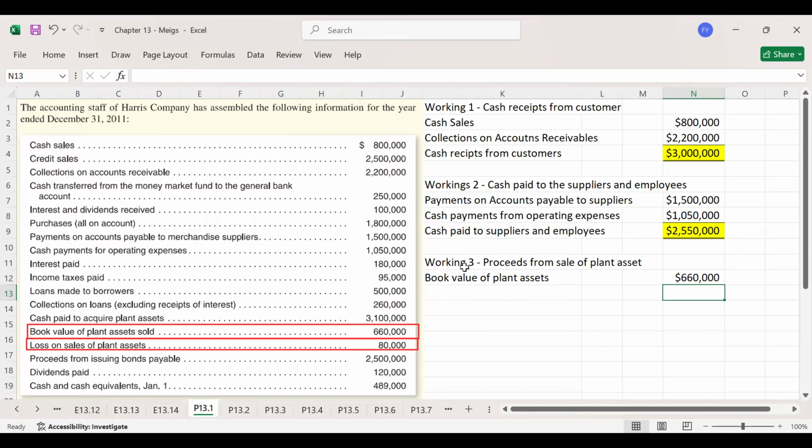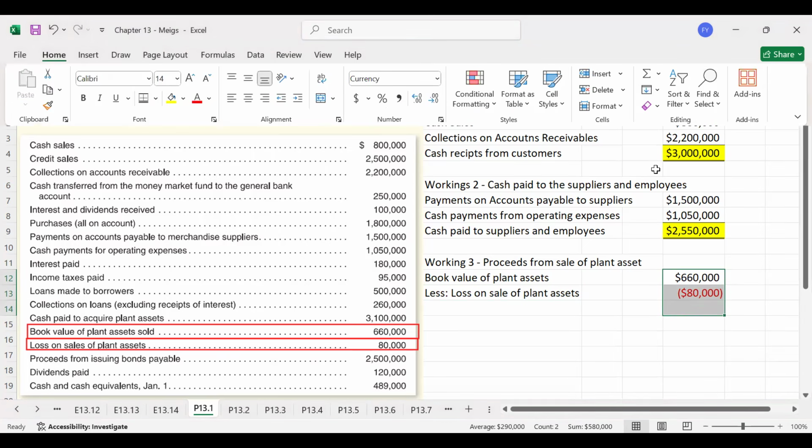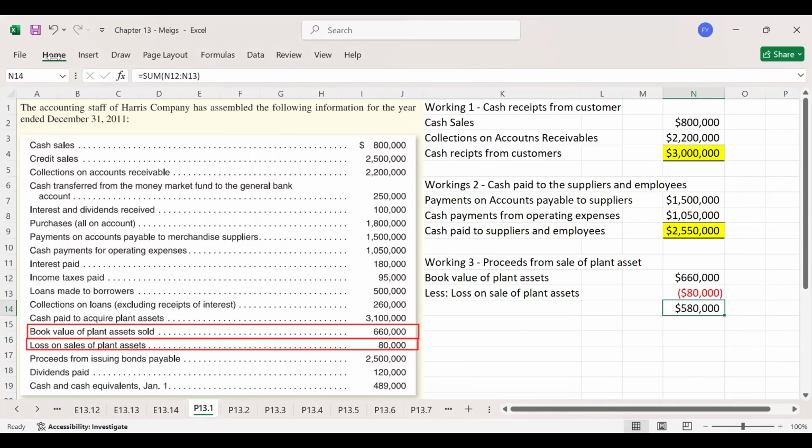Loss means the company sold this asset below its book value, so we deduct it from the book value. Loss on sale of plant assets is 80,000, so minus $80,000. So the total cash the company received from the sale of plant asset is $580,000.